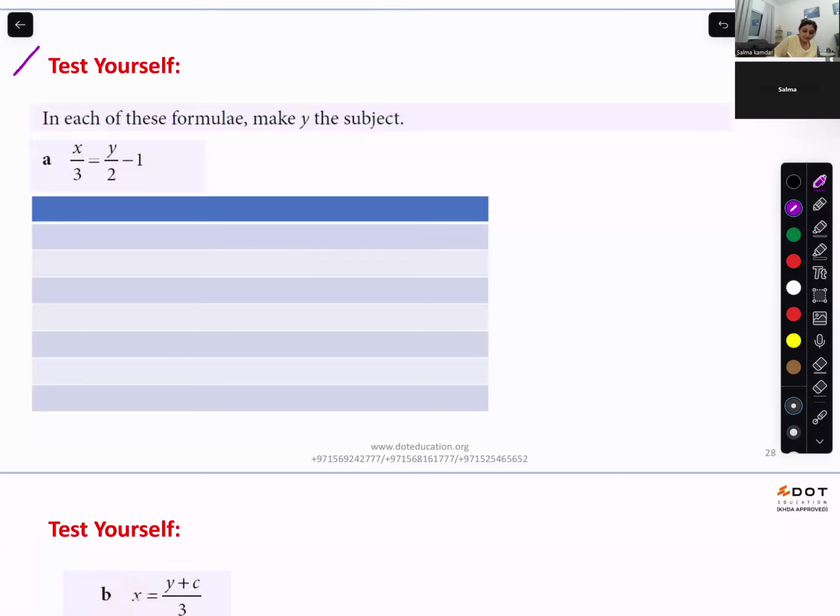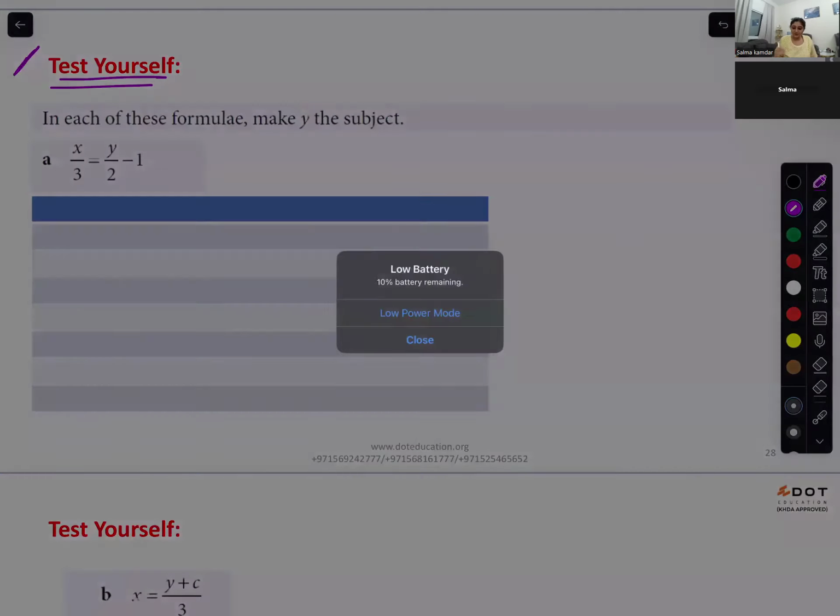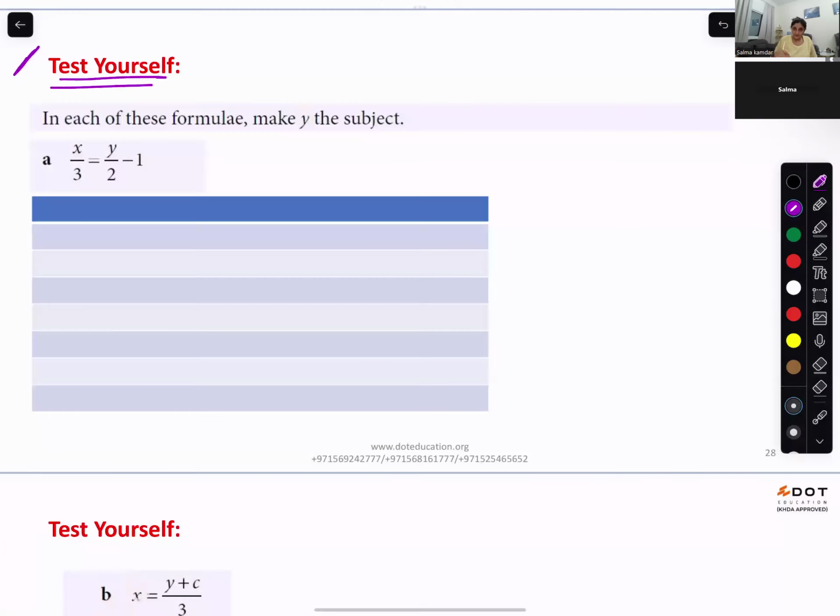Now you should be able to do these questions. If you're not able to do these questions, you should go back to the video, try and do everything that is taught, test yourself for these 4 questions, and evaluate yourselves.